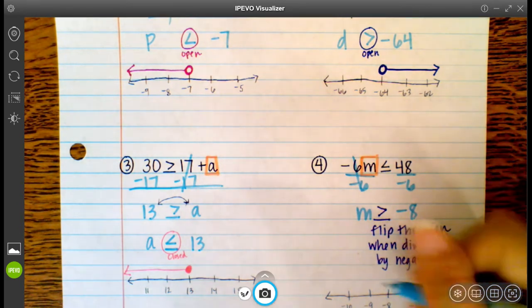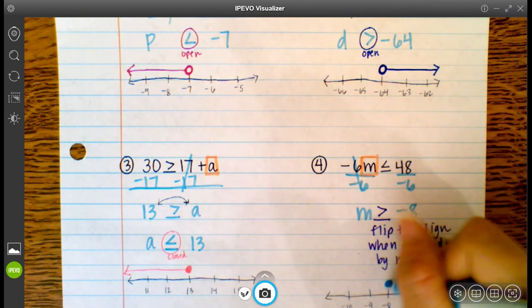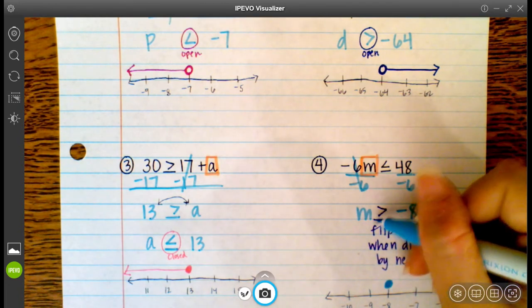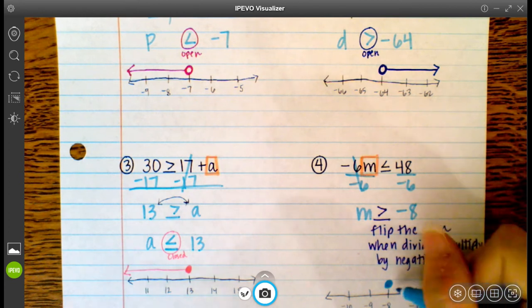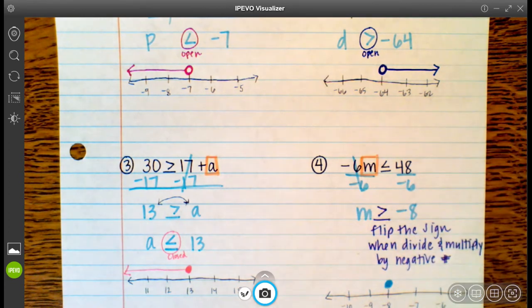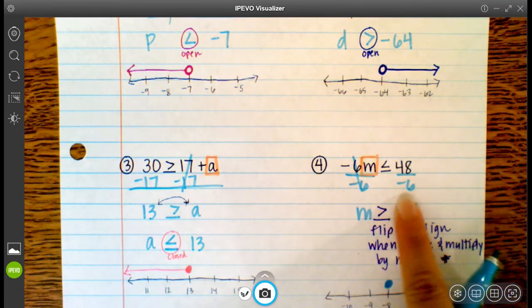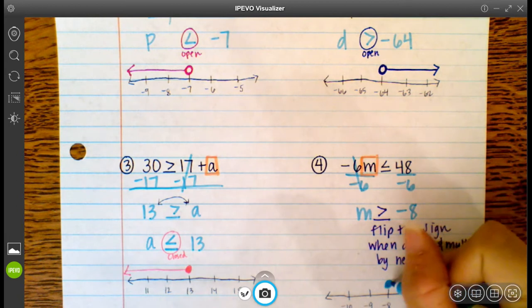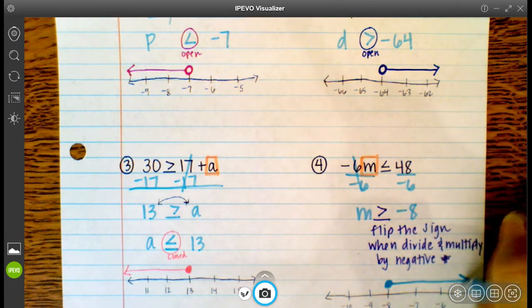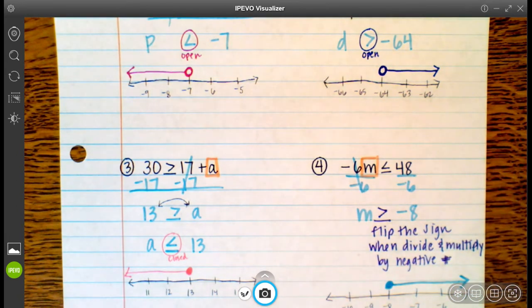And we are going to be on -8. So we're closed because it's greater than or equal to. And our new symbol, after we have flipped the sign, because of dividing by a -6 on both sides of our equation, we are moving now and pointing to the right.